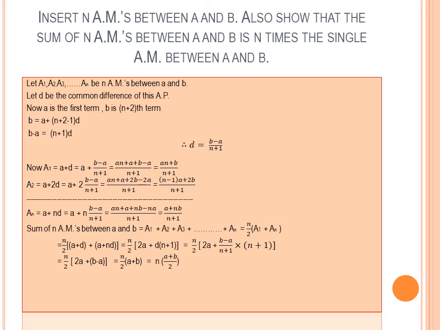So the value comes out to be n by 2 into 2A plus B minus A. Solving it out, we get n by 2 into A plus B. So n into A plus B by 2. If you just figure it out, A plus B by 2 is the value of AM. So sum of n AMs between A and B is equal to n times single AM between A and B.